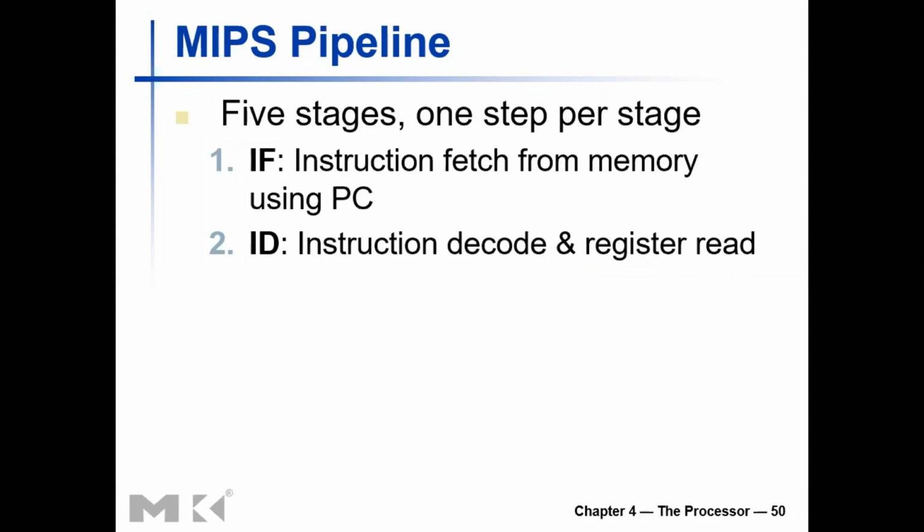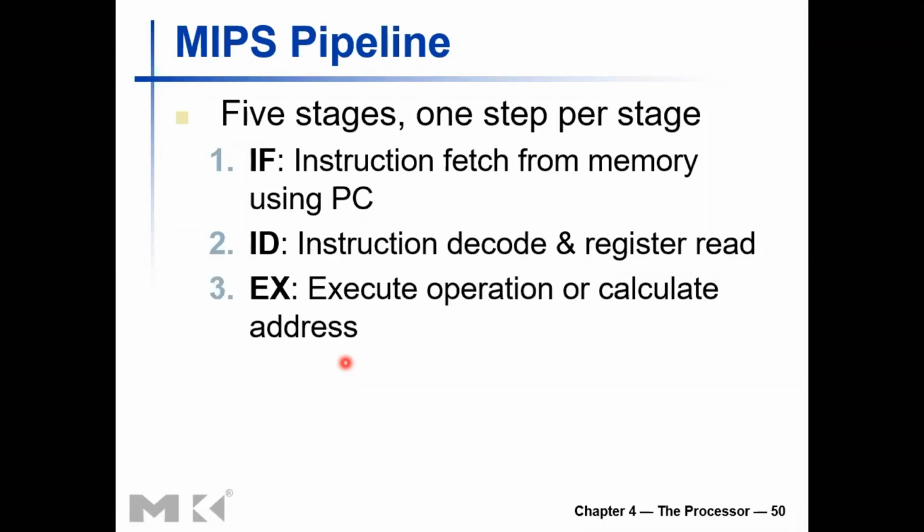We know the register numbers or register addresses in the instruction, we go and read the register file. So both those operations are done in this stage. Why do we do that? Because we want to evenly distribute the workload between the 5 stages as much as possible. That is the way we can minimize the clock cycle time and utilize the hardware maximally.